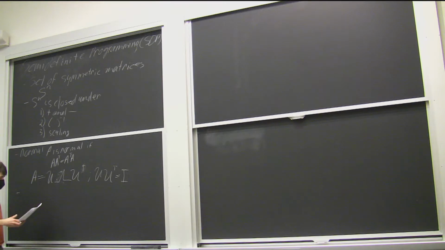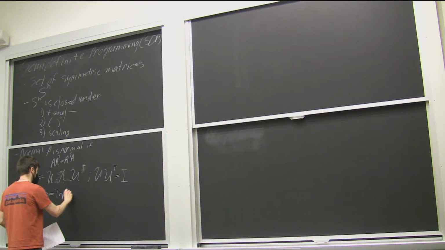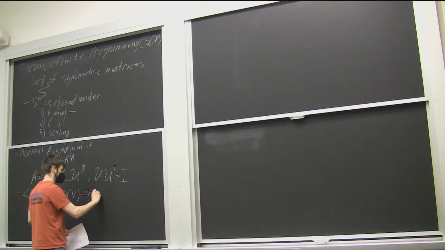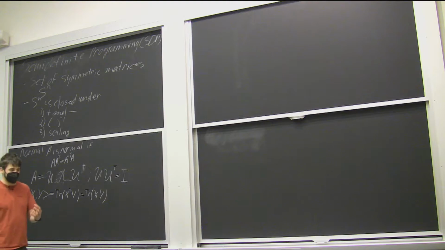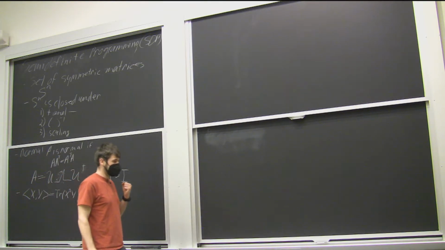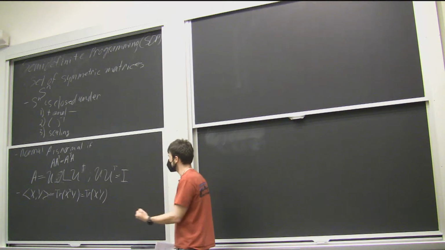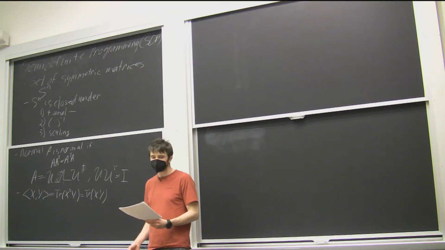Also, in symmetric matrices, you can define a notion of the inner product of two symmetric matrices. If you've taken any linear algebra, you know it's really natural to think about inner products, and it's always nice when you can define one in a consistent manner on any given set.